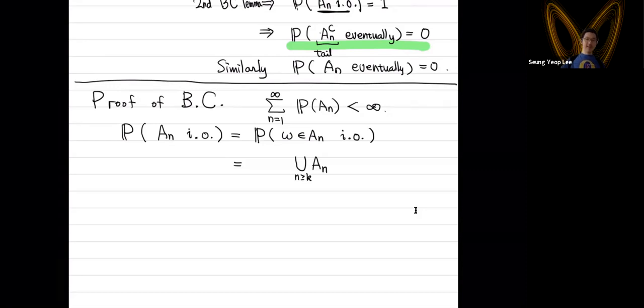So let me ask: if small omega belongs to A_n infinitely often, will this small omega belong to this union? If small omega belongs to A_n infinitely often, will it belong to this union? That's the question.